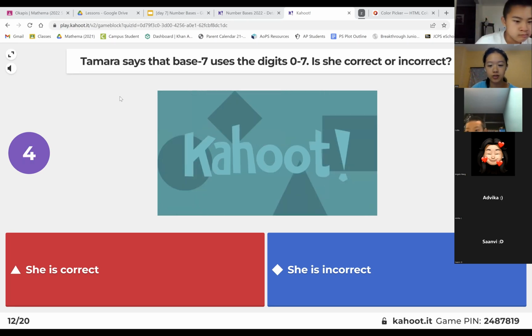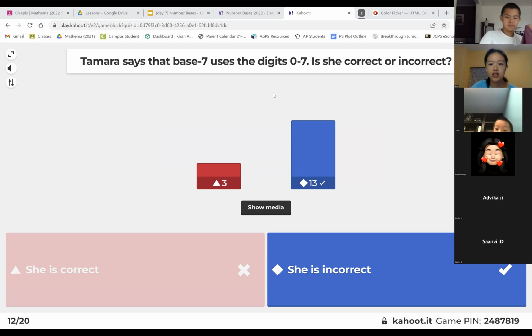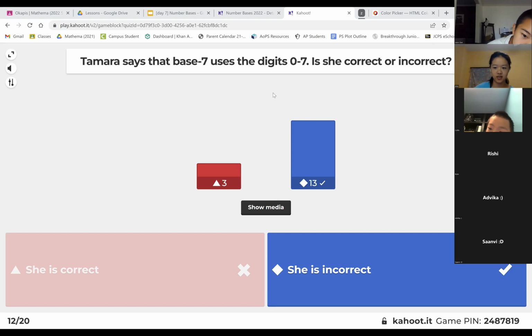It would not be correct, because remember, base 10 uses 0 to 9. Just like there's no digit 10 in base 10, you actually write 1 0 to represent 10. In base 7, the digits are 0 through 6.